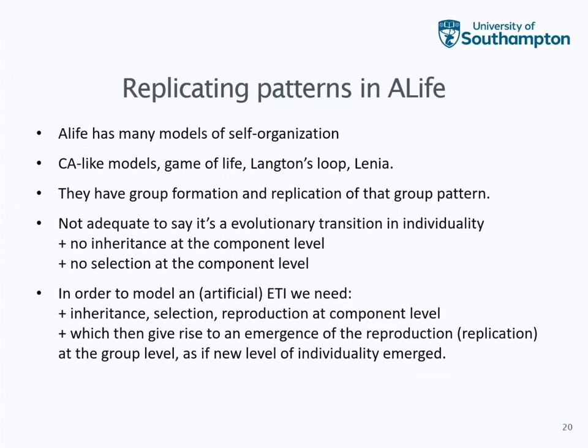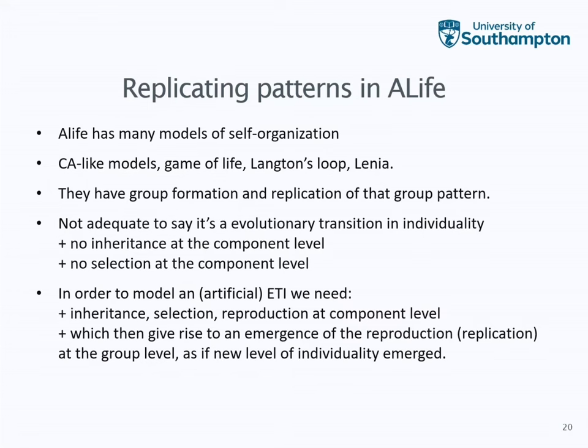But they are not adequate to say that it's an evolutionary transition in individuality, for the same reason as in Richard's connectionist approach, because there is no inheritance at the component level and no selection at the component level either.